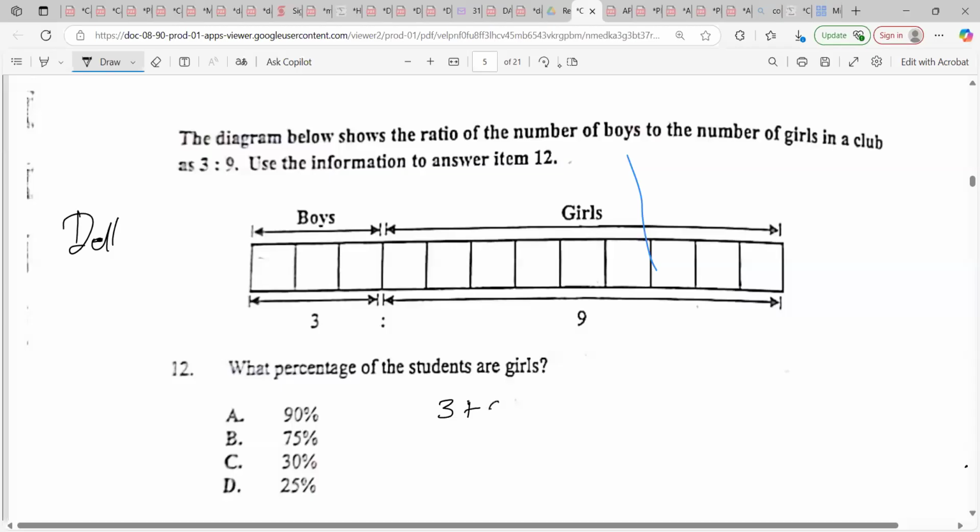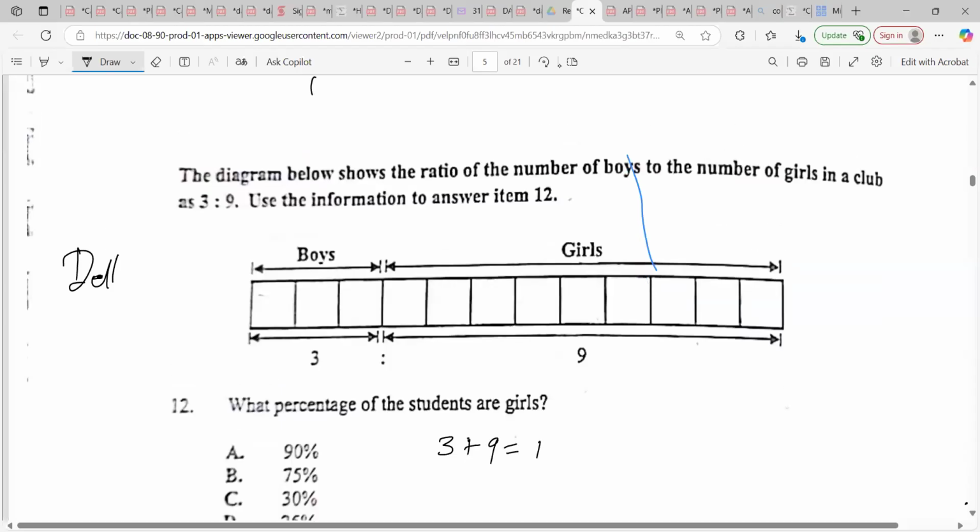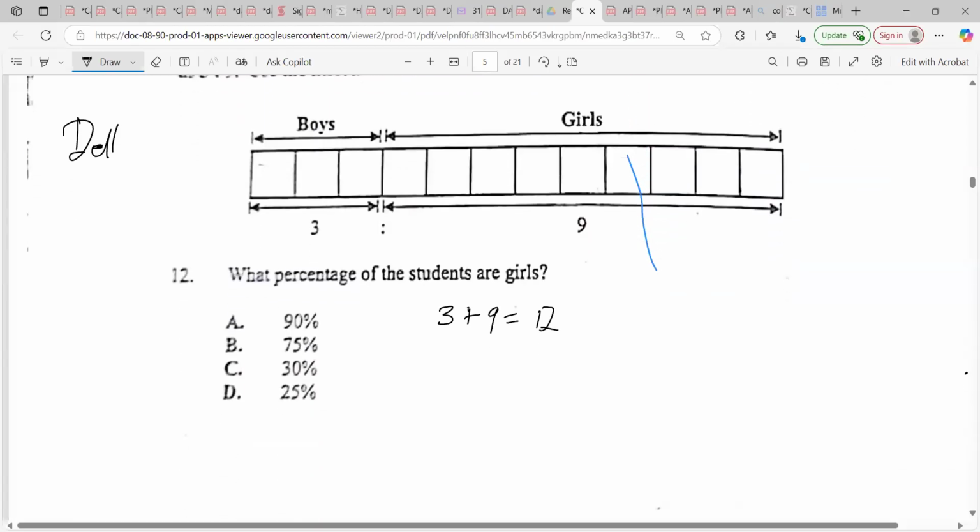When I add the ratios, the question asks, what percentage of students are girls? Girls are 9, so I put 9 over 12 times 100. Divide by 3: cross out the 9 and put 3, cross out the 12 and put 4, and cross out the 100 and put 25.